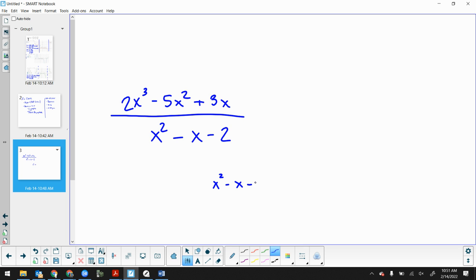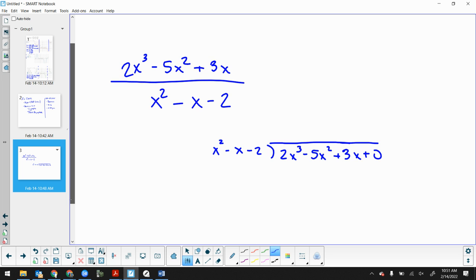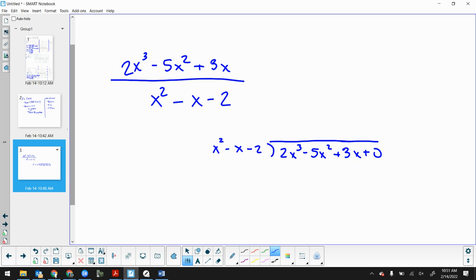X squared minus x minus 2 into 2x to the third minus 5x squared plus 3x, and I'll add on a plus 0 on the end there. How do I make x squared look like 2x to the third?